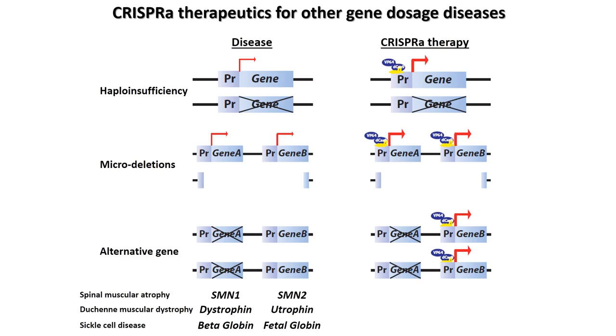And some diseases that come to mind are spinal muscular atrophy, where SMN1, both copies are loss of function, but there's SMN2, for example, that is a similar gene that has a splicing acceptor mutation that leads to 10% of expression. So if we could upregulate that expression for SMN2, we might be able to rescue that disease. The same goes for utrophin for dystrophin, or fetal globin for beta globin, and many other potential diseases where upregulating an alternative gene might be beneficial for treating those diseases.